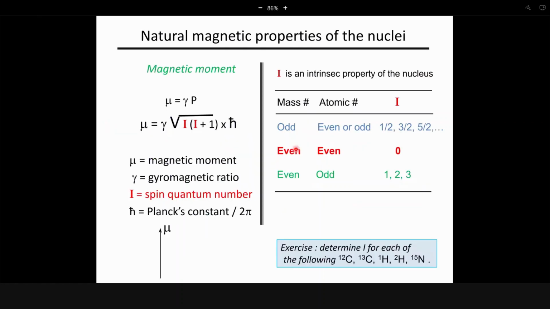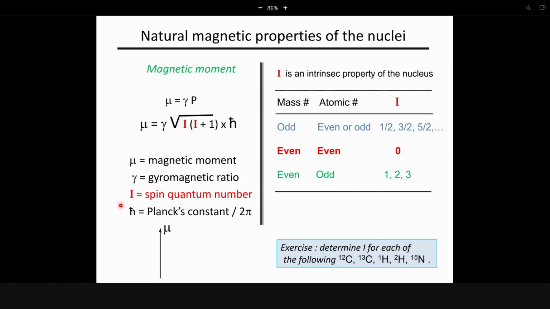To better see why this spin number is important, I show only this physical equation, where you see that the magnetic moment of a nucleus or an atom depends directly on the value of the spin number.